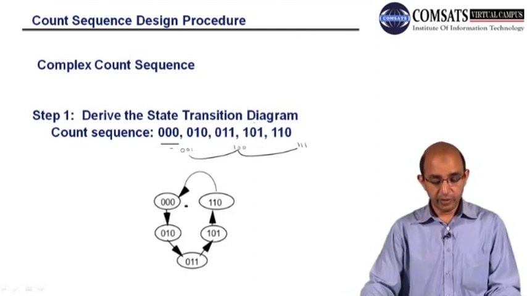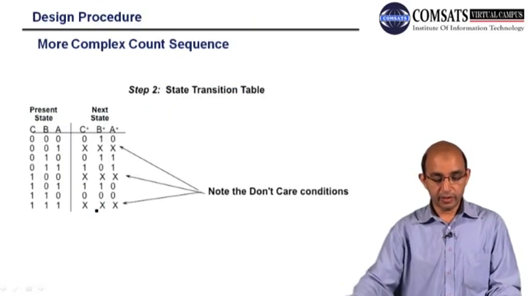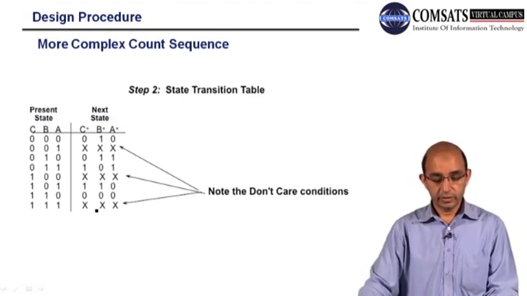So what we will be doing, we will be drawing the state diagram, right? So we started from 0 0 0, 0 1 0, and 0 0 1 is missing. So after having this state diagram, what we can have, we can build or construct the state transition table, right?